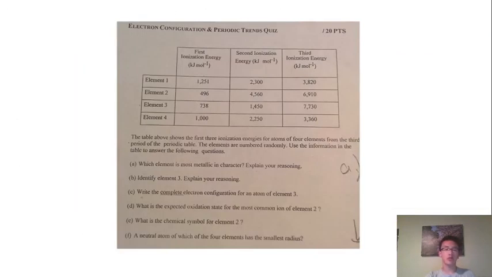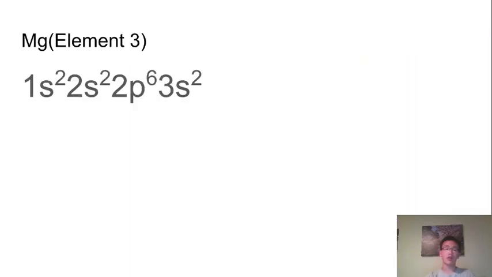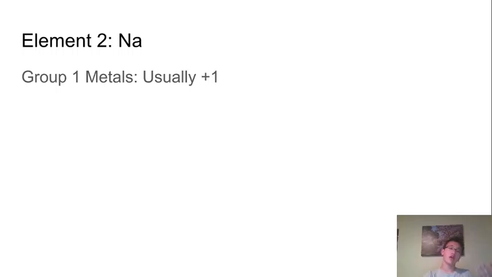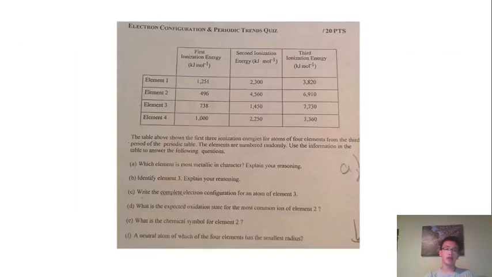The third question was the expected oxidation state for the most common ion of element 2, and what is the chemical symbol for element 2. Those questions go hand in hand. You can answer one before the other, but I said it was sodium, because if you look at the data, there's a large jump from 496 to 4,000.